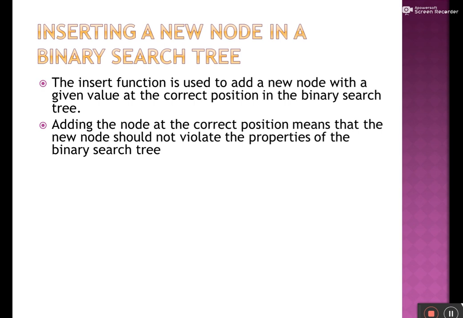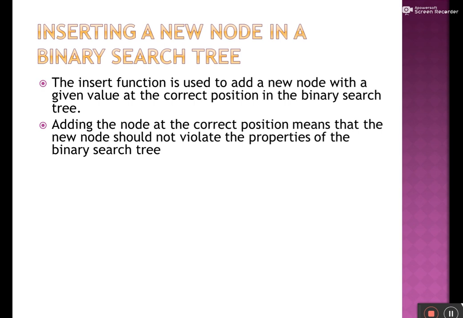So what are the properties of a binary search tree? Every element to the left of a node should be less than the node, and every element to the right of the node should be greater than the node, and these rules are followed by all the left and right subtrees. So if you want to insert a new node in a binary search tree, these properties should remain intact.